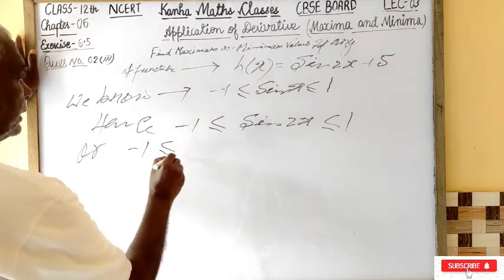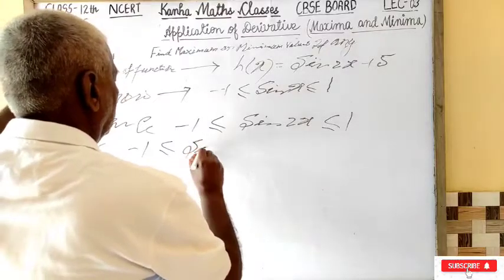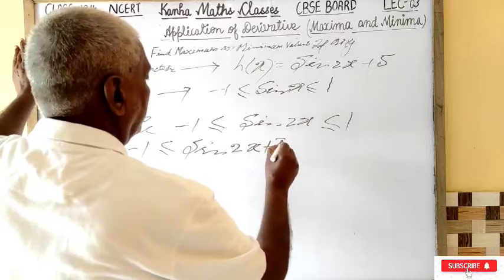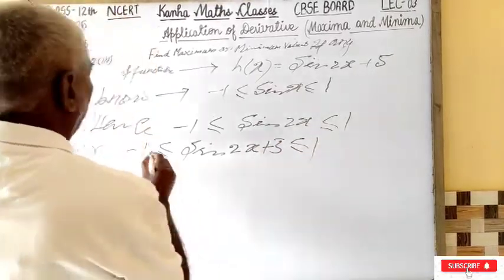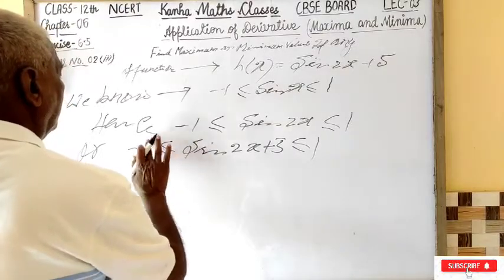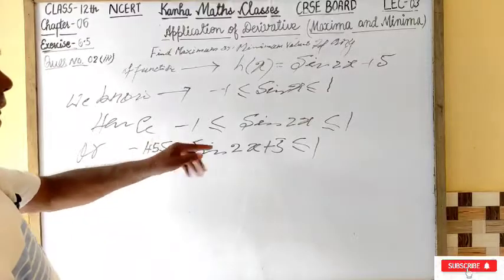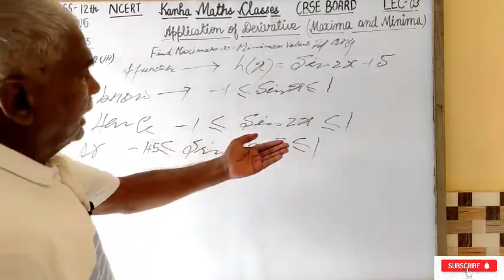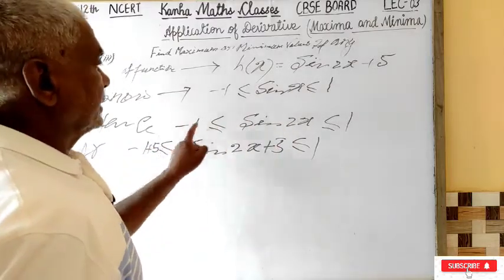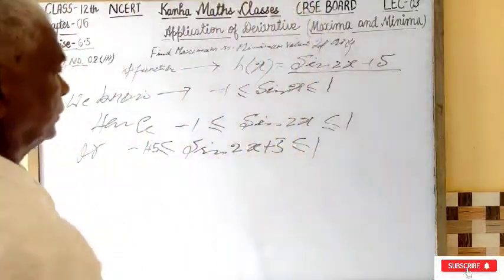If you add 5, and here we also add plus 5, because in the earlier step we mentioned that the value of sin 2x lies in between minus 1 to plus 1, and the given function h(x) is defined as sin 2x plus 5.